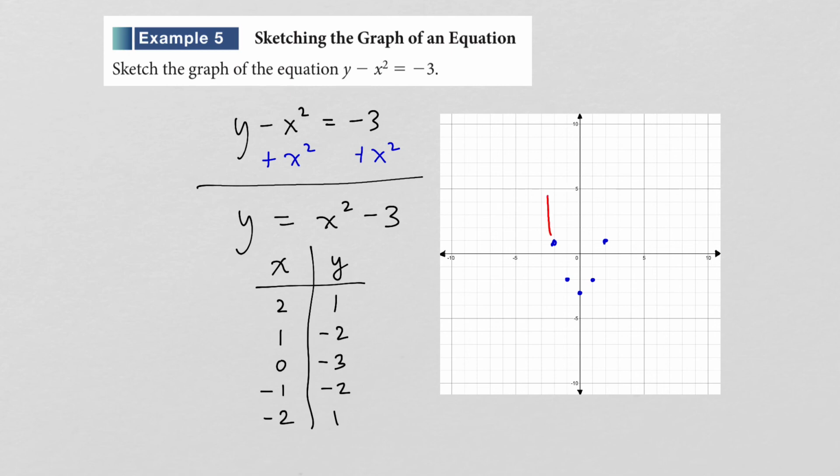It looks like a U-shaped type of graph. And you've probably done this kind of thing before, right? This is one way to sketch the graph of an equation. This is just sketching it the old-fashioned way, where you get a bunch of points, you plot those points, and you look for some kind of pattern.